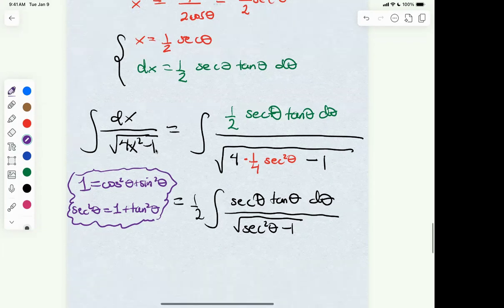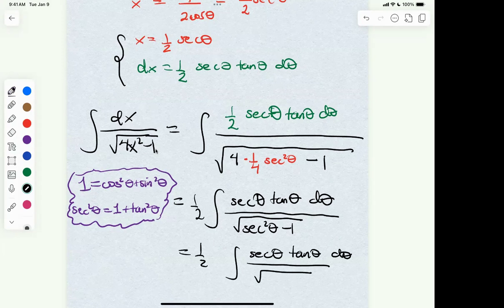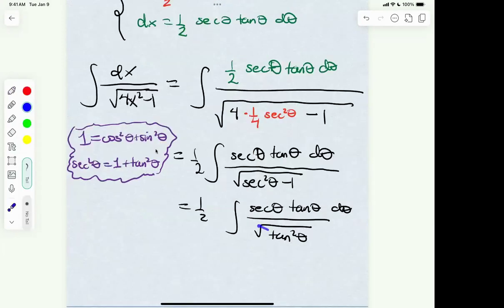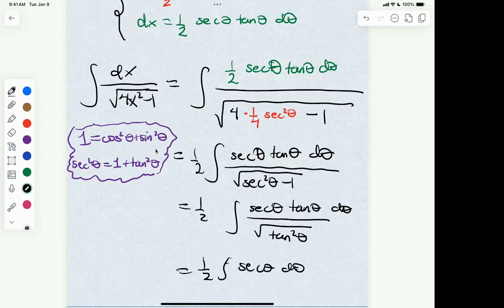Okay, so you get 1/2, let me just put everything here, tangent squared. Perfect, because then this tangent cancels the other tangent, so you're just really integrating secant of theta d theta.